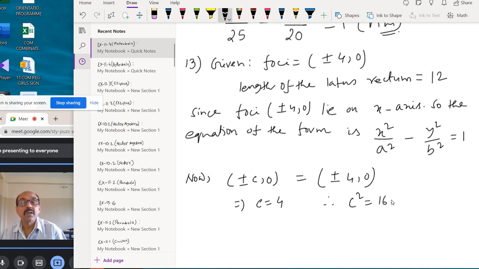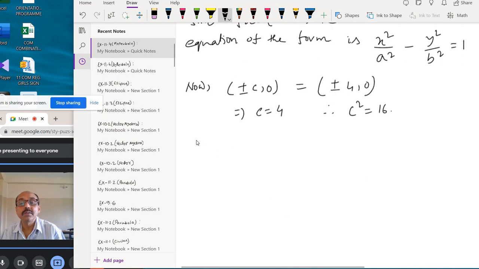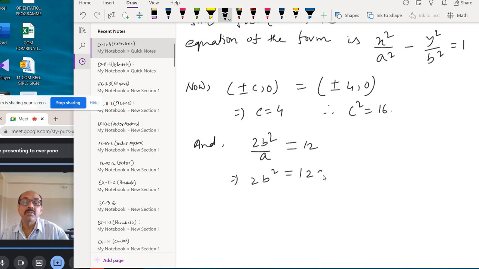And the length of the latus rectum is 2b square by a, equal to 12. So 2b square equal to 12a, so b square equal to 12 by 2, that is 6a.